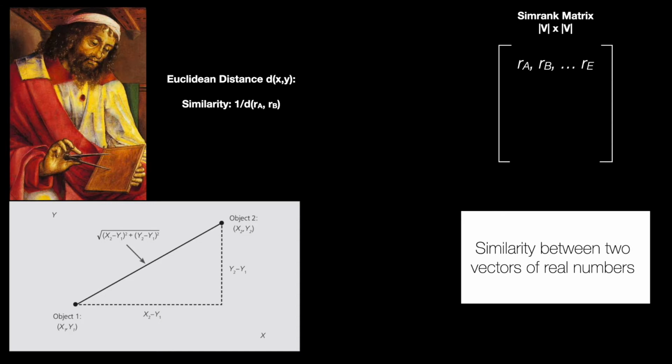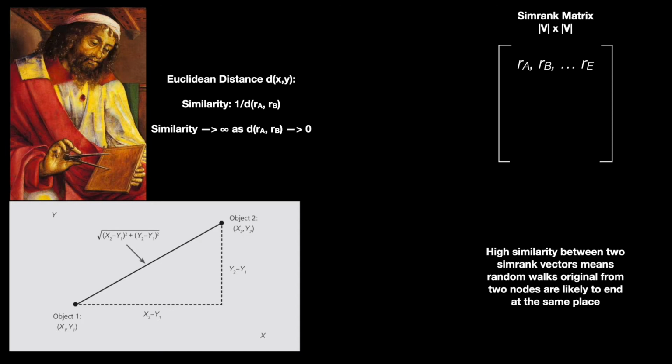We can flip this to a similarity metric by talking about the inverse of the distance. So you do 1 over the distance between these two objects, which gives us, nicely, as the distance value goes to 0, similarity goes to infinity. So the most similar objects have the highest, almost infinite similarity. And the only time you'd see a Euclidean distance of 0 is when two nodes or 2 points are exactly the same.